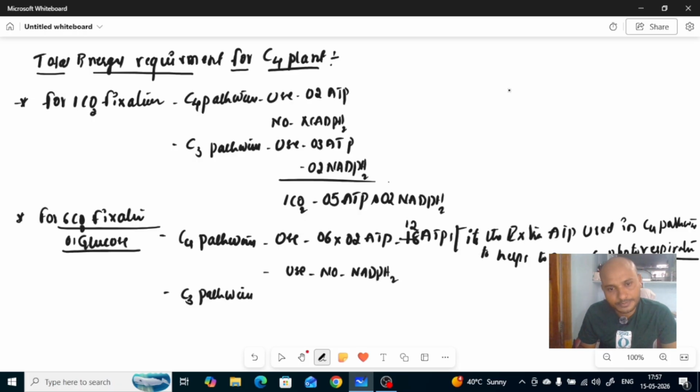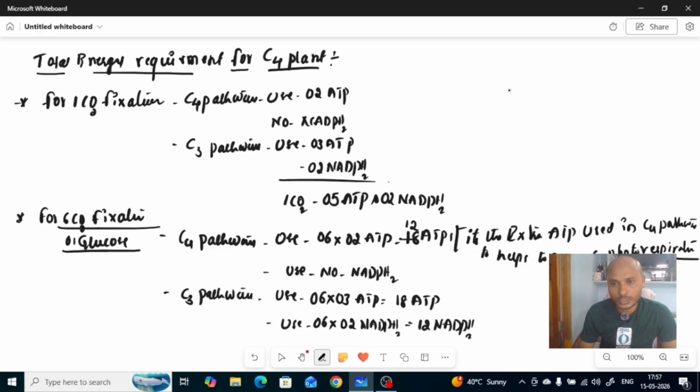Now coming to the C3 pathway, for 6 carbon dioxide fixation it uses 6 into 3 ATPs equal to 18 ATPs, and it uses 6 into 2 NADPH, so a total of 12 NADPH will be used. So in total, for 6 carbon dioxide fixation, or for the synthesis of 1 molecule of glucose, there is a need of 30 ATPs, that is 12 from the C4 pathway and 18 from the C3 pathway, and 12 NADPH is required, and this 12 NADPH2 is only from the C3 pathway.